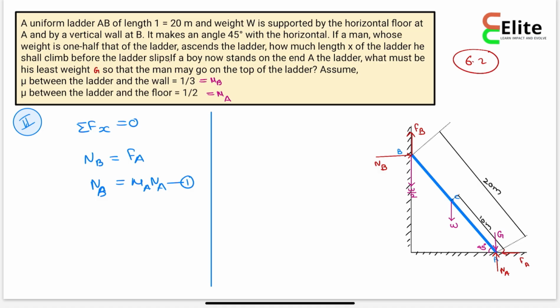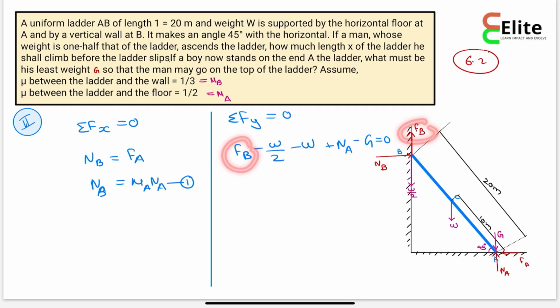Now we can do the summation of Fy equal to 0. So here are 1, 2, 3, 4, and 5 forces acting in the y direction. So Fb minus W by 2 minus W plus Na minus G equal to 0.